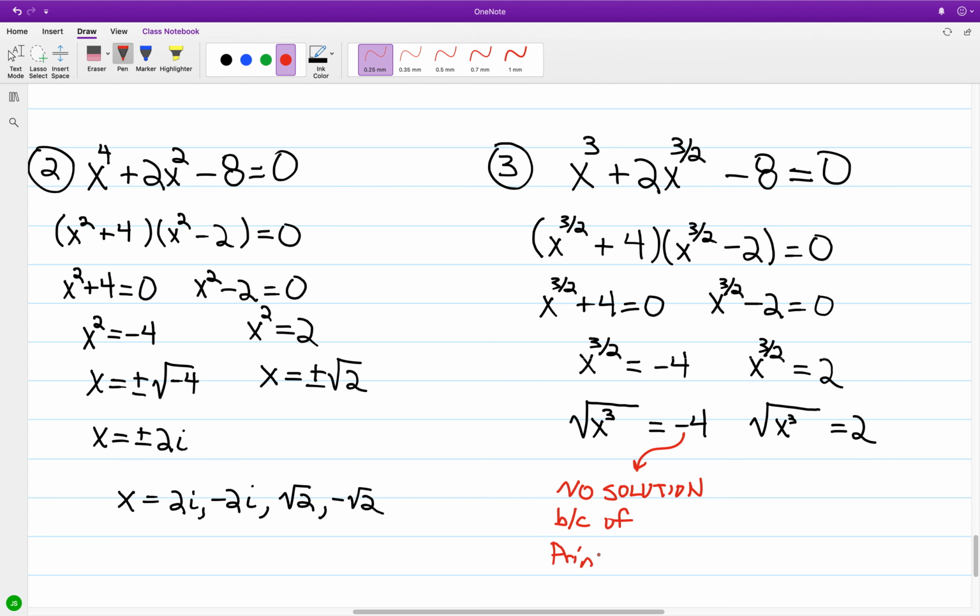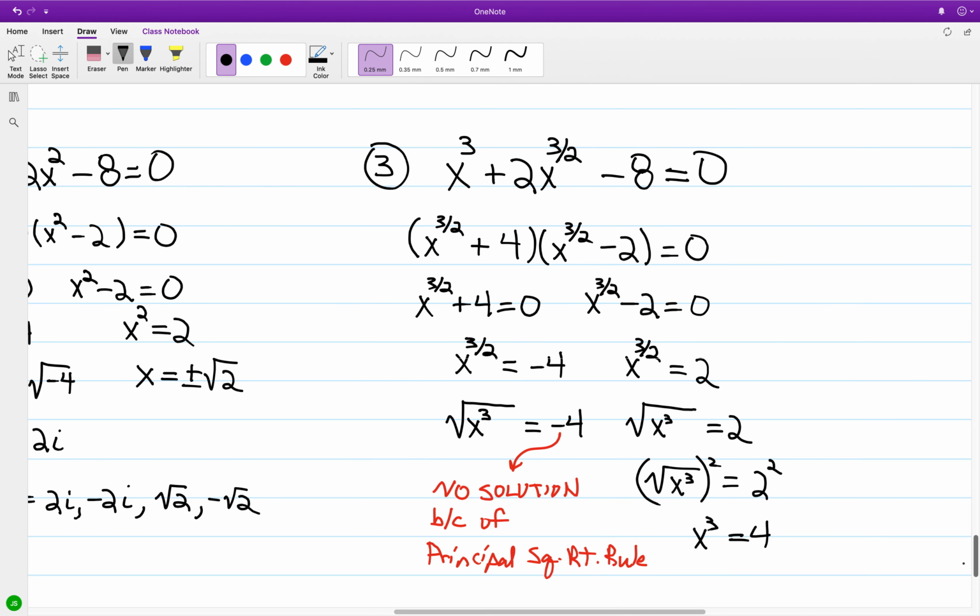Now for the next part, we have the square root of x cubed is equal to 2. Now 2 is a positive constant, so I still have some real estate to work with, and I can get rid of the radical. I can square both sides, and upon doing so, we have x to the third is equal to 4.